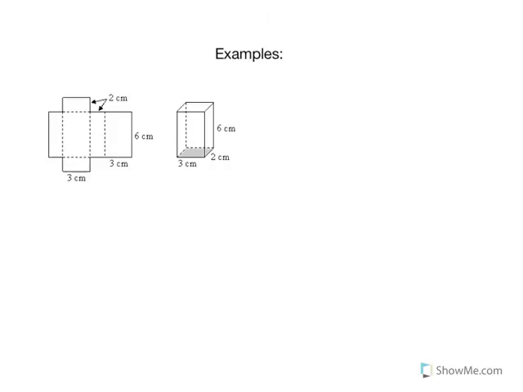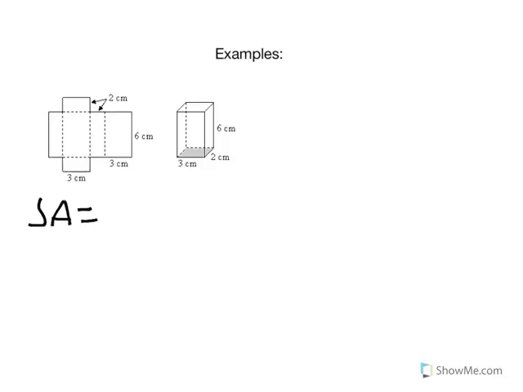So here we have our example. Okay, we have our rectangular prism, our 3D rectangular prism, and our net for that rectangular prism. Okay, so first we're going to write the surface area formula for the total surface area of this prism.